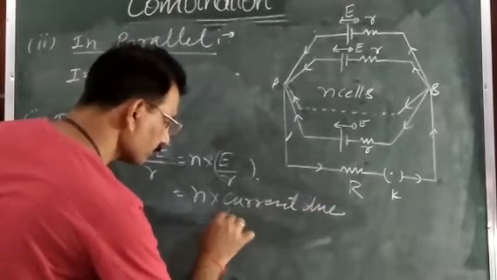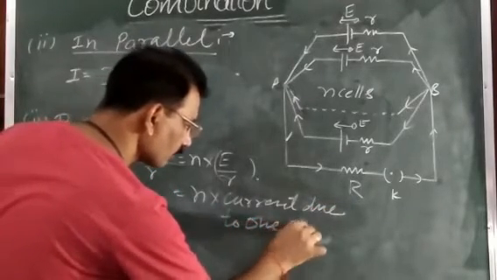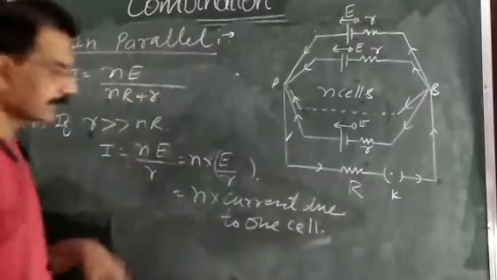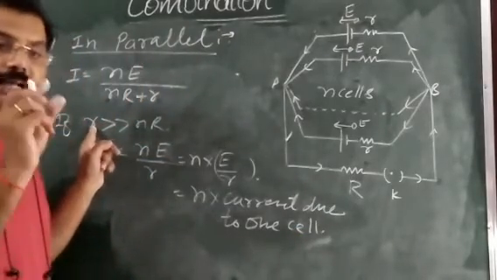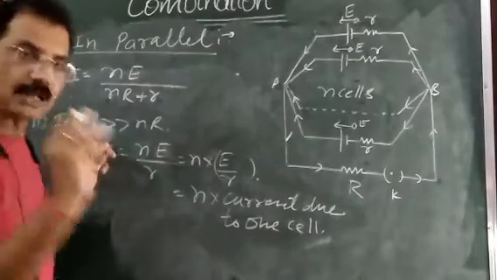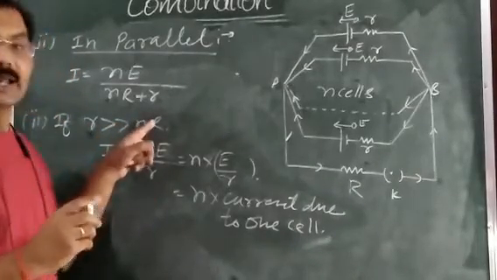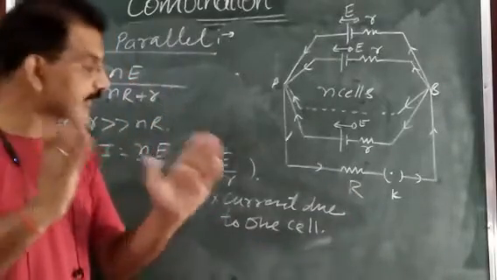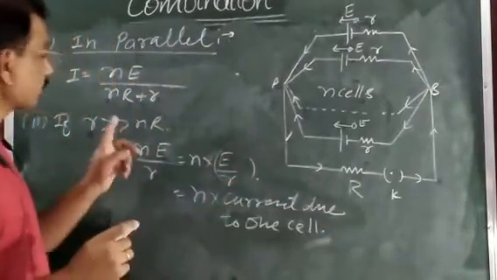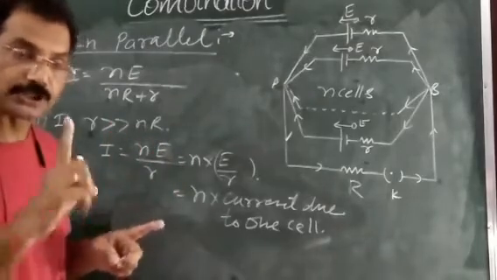It means if the internal resistance of the cell is very large compared to the external resistance, then for getting the maximum current in this external resistance, we always prefer the parallel combination.